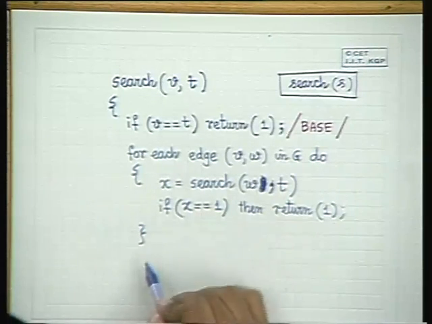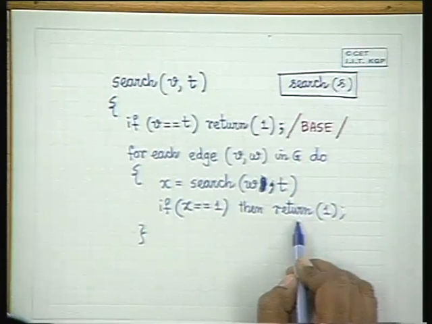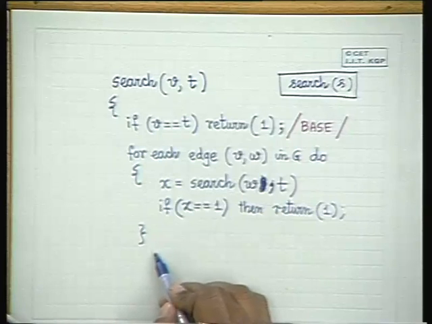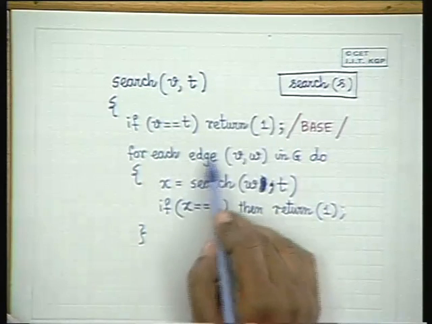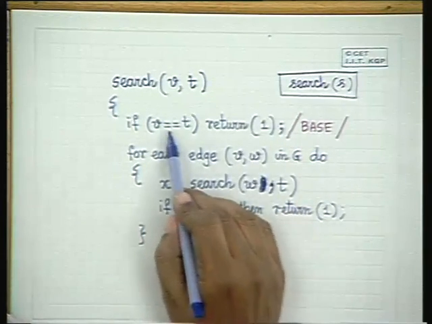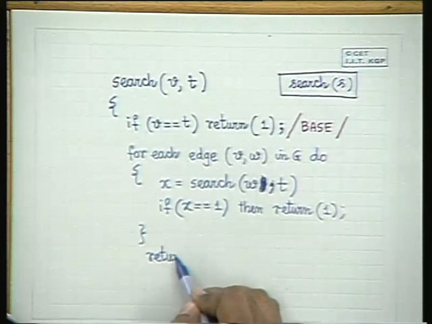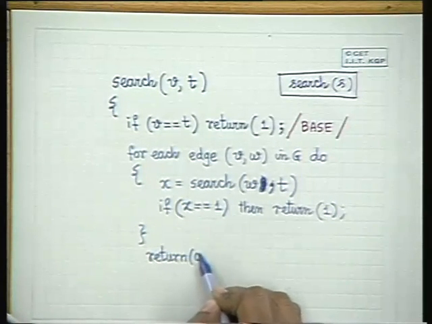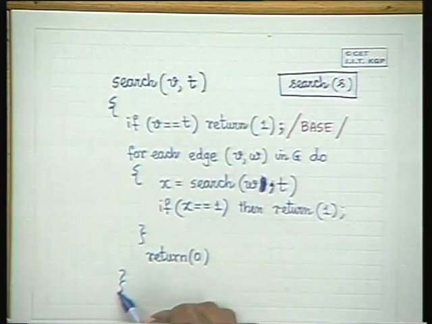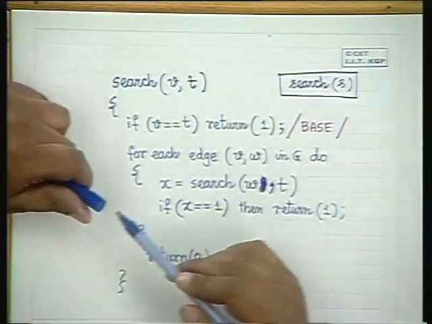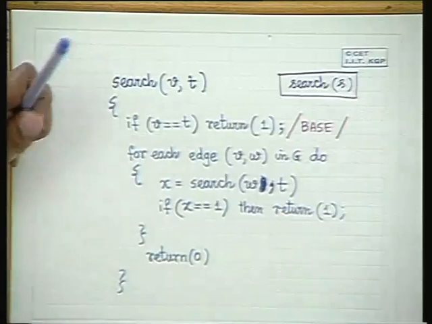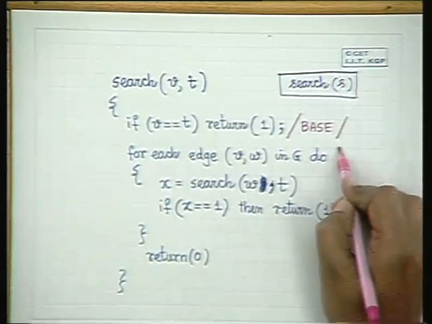And if you come out here, that is, you have not returned anywhere, then obviously you have not found a path from any of the successors of v, neither is v equal to t, so you can return 0. So this is the basic recursive definition, and here is the decomposition.